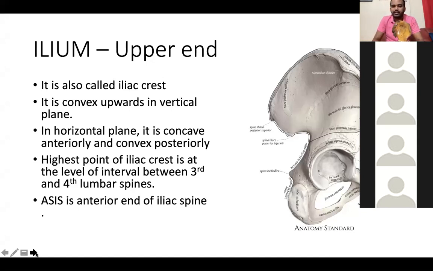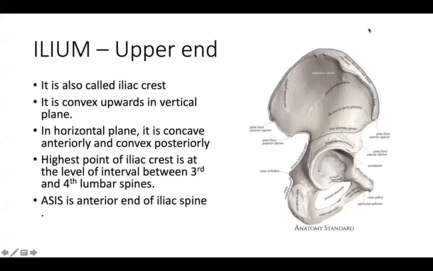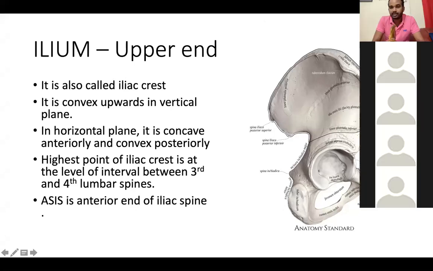But from superiorly, if you see, this entire iliac crest seems to be convex, whereas in horizontal plane, it is seen concave anteriorly and convex posteriorly.